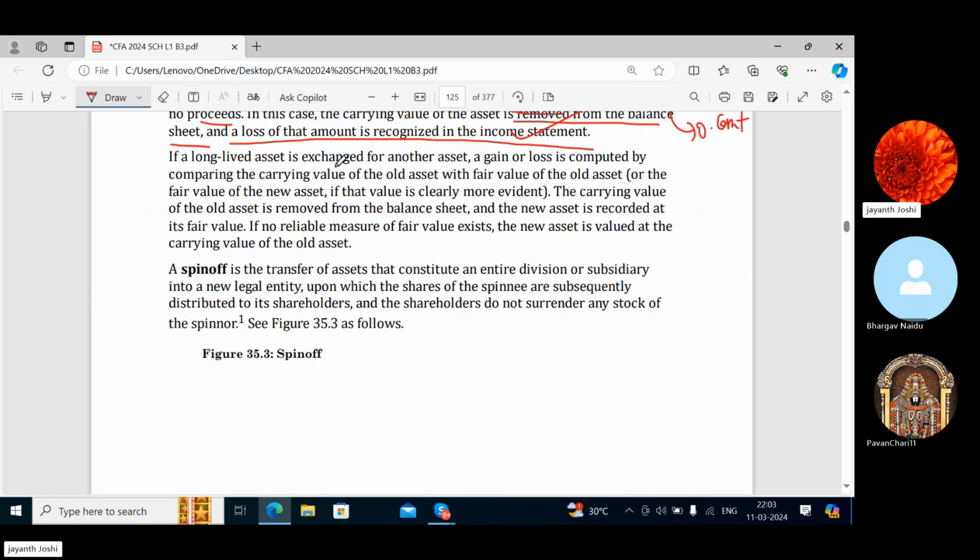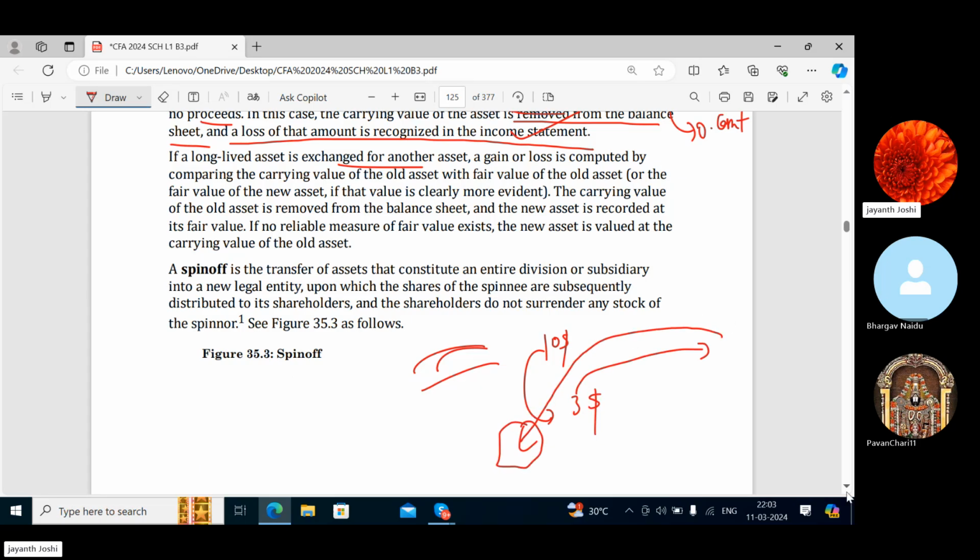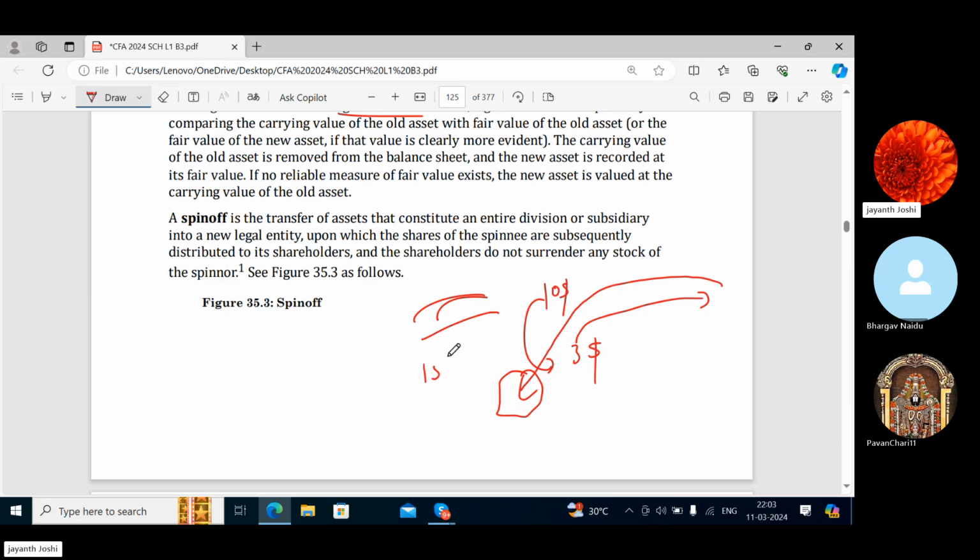If the long-lived asset is exchanged for another asset, that means you are giving your asset and taking another asset. Let's say you bought an asset for $10 and have used it for 5 years. The value of that asset in the market is, let's say, $3. Now you are exchanging it for another asset which costs $15.